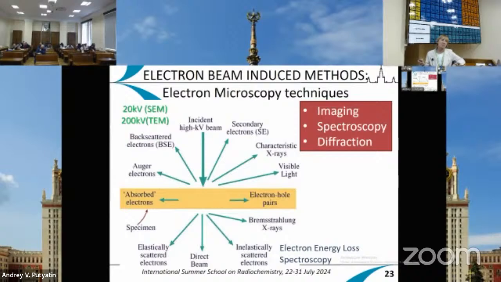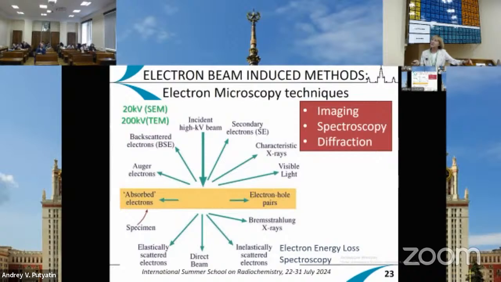The signal is much lower than that of secondary electrons, and we will see the difference in these images. Then the detector of characteristic X-rays, so it is X-ray fluorescence on the base of electron microscopy. And Auger electrons; on this base, there is special Auger spectroscopy microscopy.